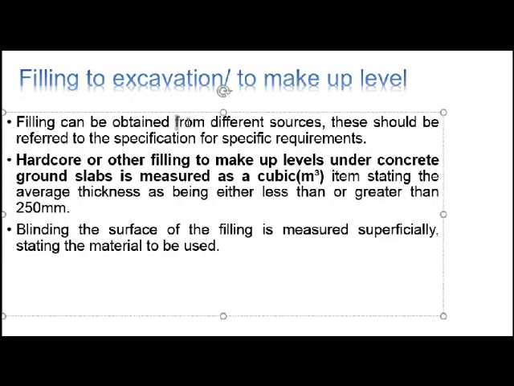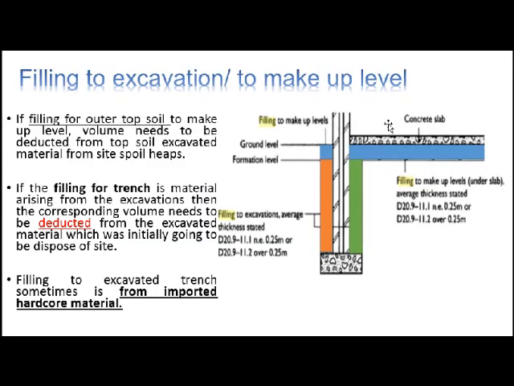As I said earlier, you can obtain it from different sources, but in your description you have to specify where this filling is made from. So hardcore or other filling to make level under concrete ground slab should also be measured in cubic meter. This is the filling that I set underneath the concrete slab.